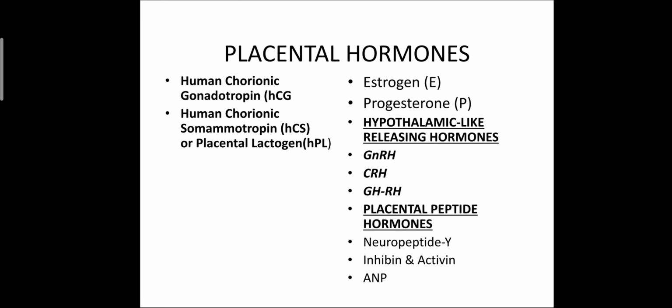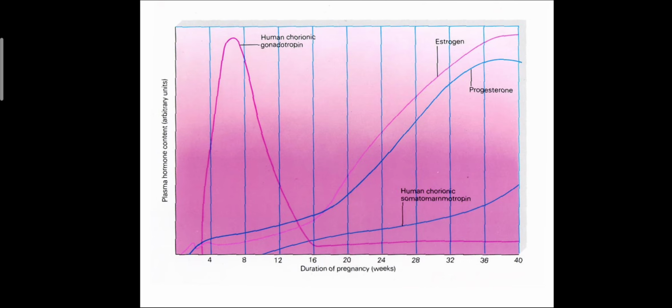So the main hormones are HCG, human chorionic gonadotropin, and human chorionic somatotropin or placental lactogen. Other hormones are estrogen and progesterone, and other hormones are secreted in very small amounts.